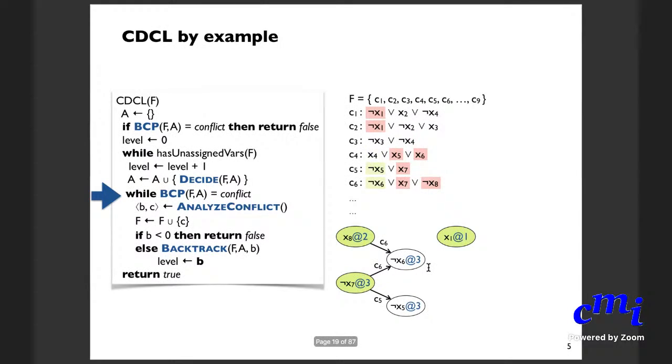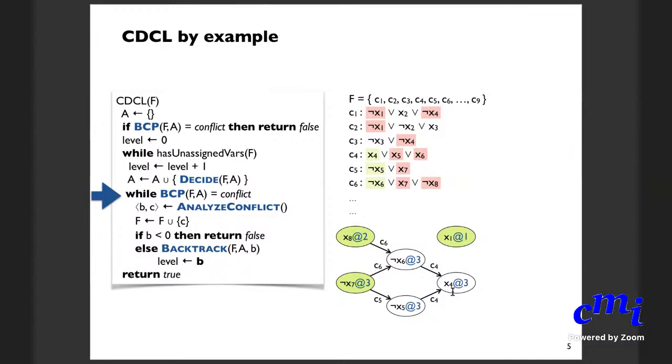That's what is happening here. There is one difference in my animation: I'm already showing the decision on X6 and the implied decision on X5, so they become 0 here, and C4 becomes unit, generating an implied decision on X4. That's what is being kept track of.